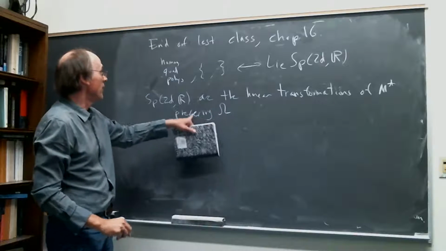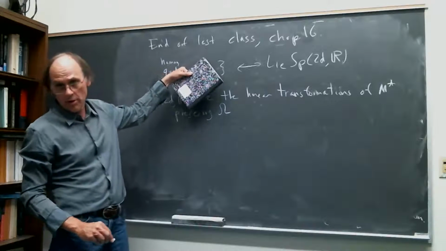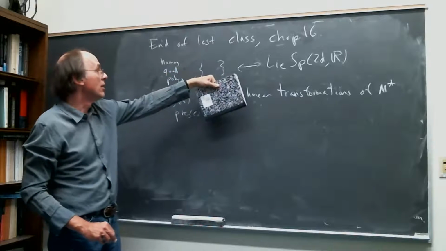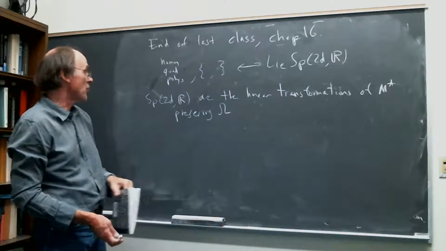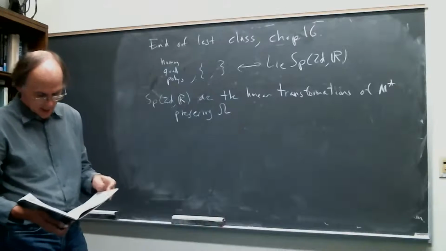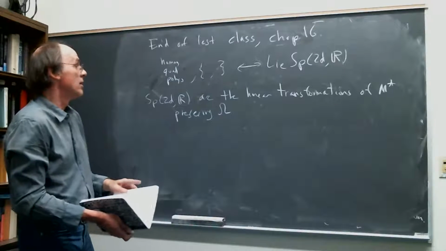And then their Lie algebra is the homogeneous quadratic polynomials with this Poisson bracket. Okay.